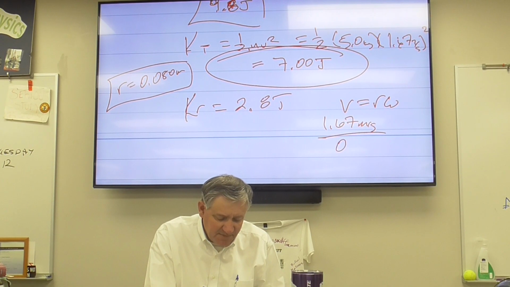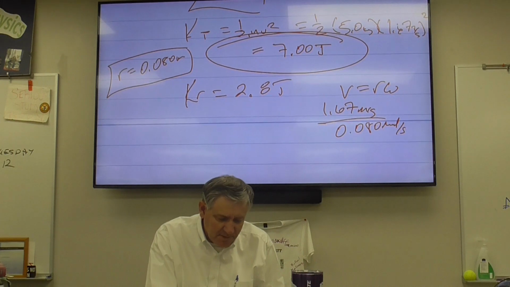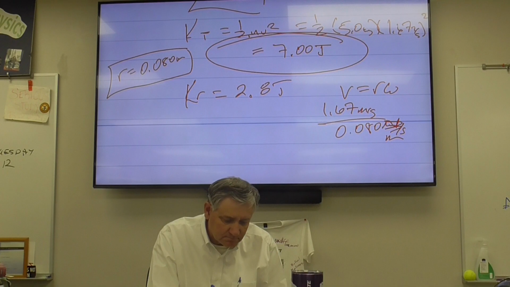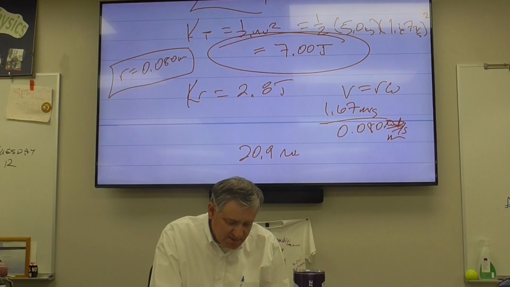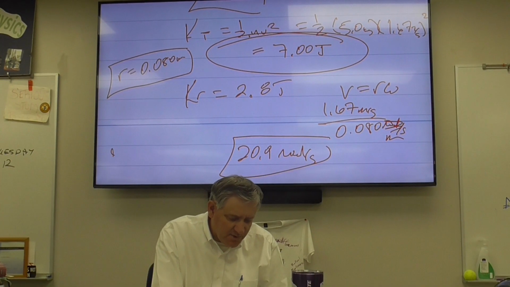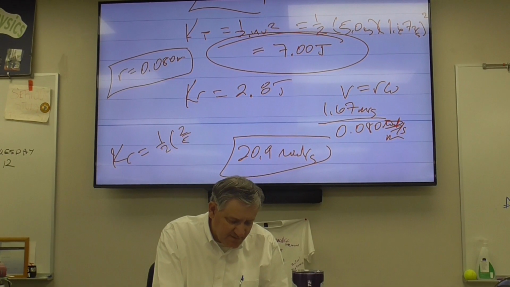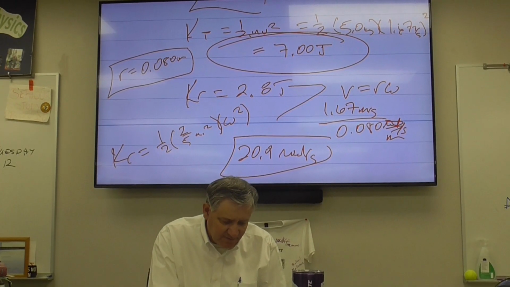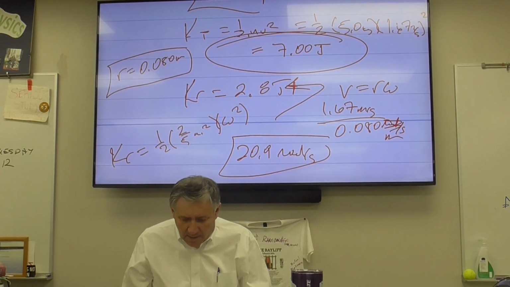If I divide that by 0.80 meters, I get 20.9 radians per second. Then you could find your KR using 1/2 times 2/5 MR squared times omega squared, and you should see that that would be the same thing as that. Okay? All right.